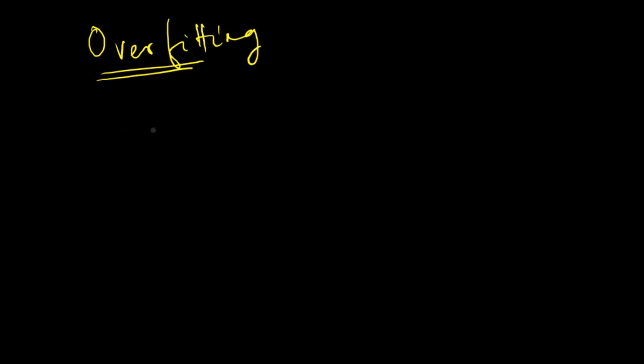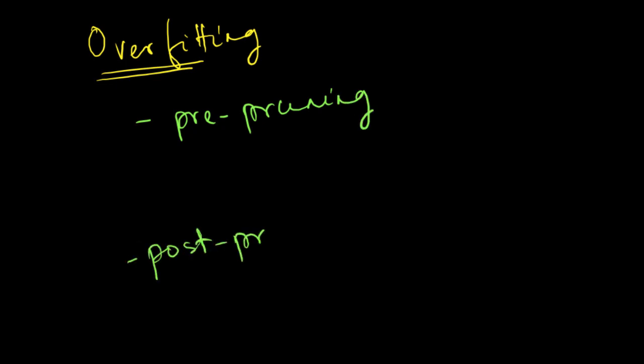So there are many ways of taking care of overfitting in decision trees, but the two most important methods are called pre-pruning and post-pruning. So pruning means cutting down the decision tree.